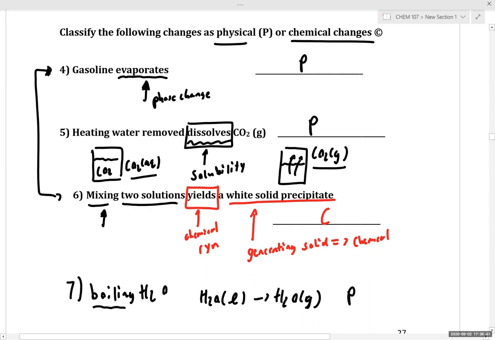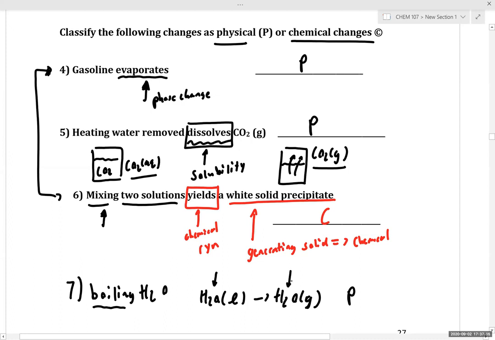Yep, phase changes are physical changes. Did that address your question? Not the equation stays the same, but the formula stays the same.